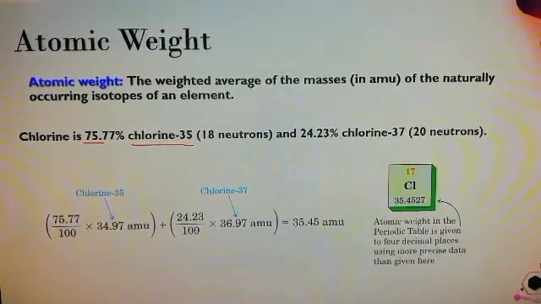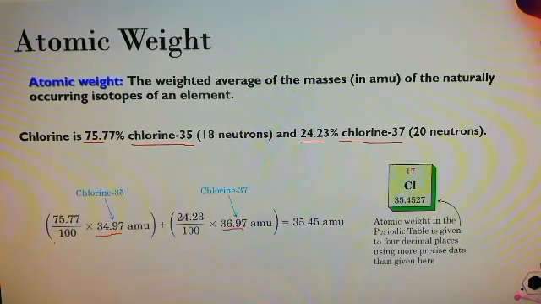Okay? So ang chlorine 37 naman nag-exist naturally 24.23%. So sa chlorine 35, meron daw siyang atomic mass na 34.97. Tapos ang chlorine 37 naman ay 36.97.